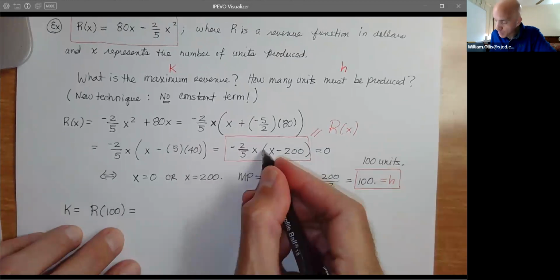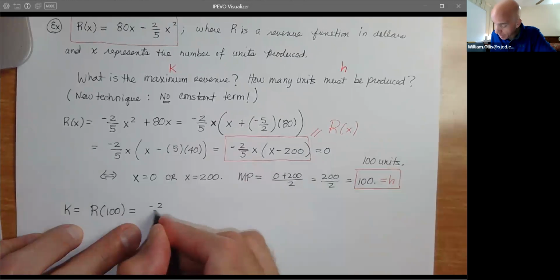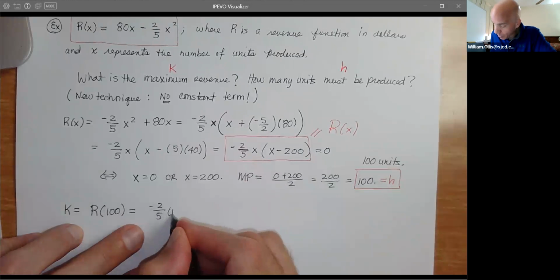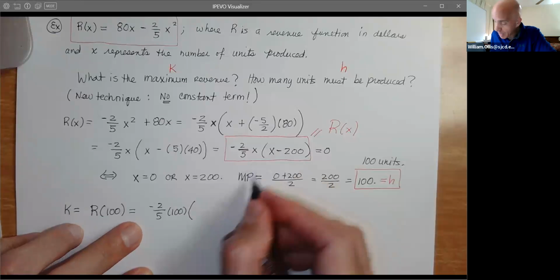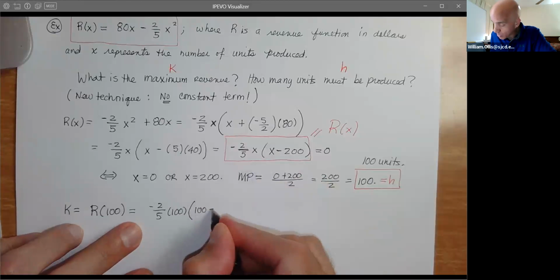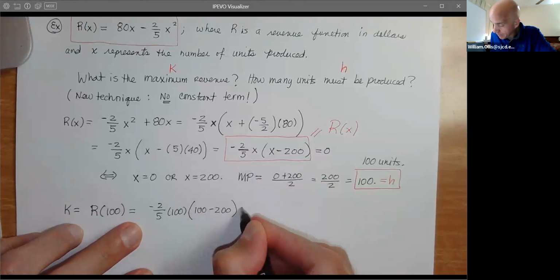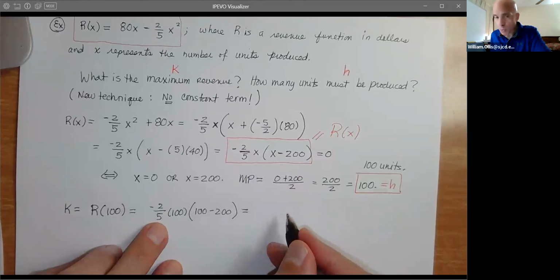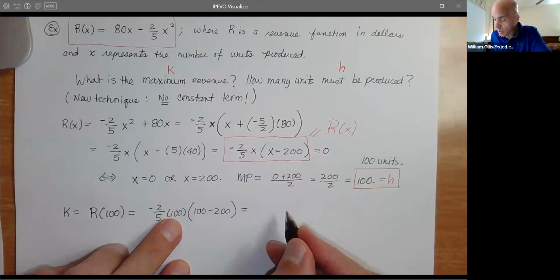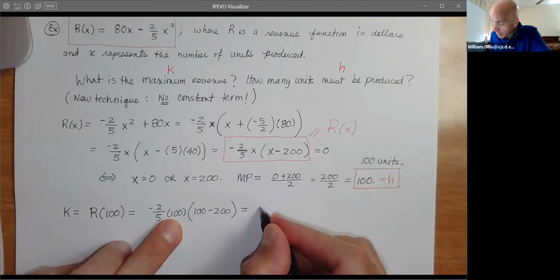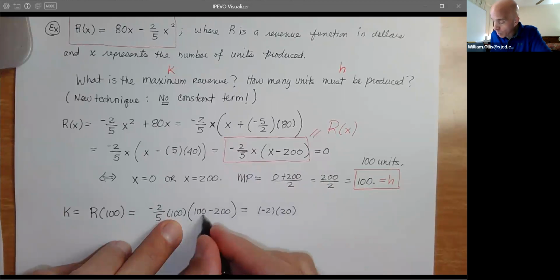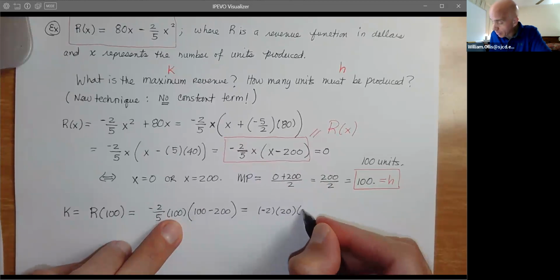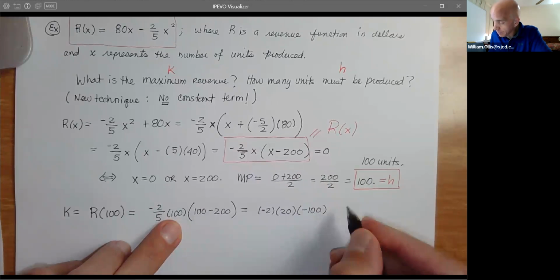So now we can substitute here -2/5 times 100, and then with the symbolic computation, this is easy, 100 minus 200. So now, of course, these are easy numbers. 5 divides 100 20 times. So we get -2 times 20. And of course, 100 minus 200, we can do that in our head as a -100.